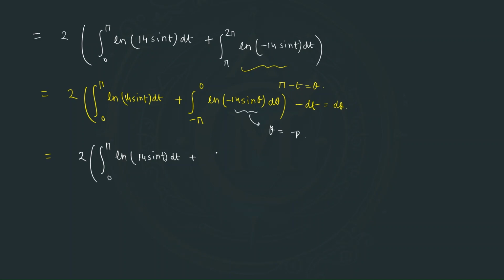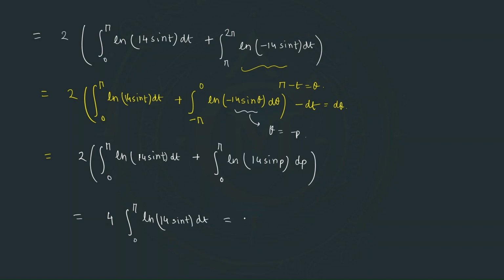So this will give us log of 14 sine of p, and then minus dp, so here a negative sign, and then the limits will be from pi to 0. Now again, if we omit this negative sign, the limits will get interchanged. So this will become this. So this is nothing but 4 times integral 0 to pi log of 14 sine t dt.